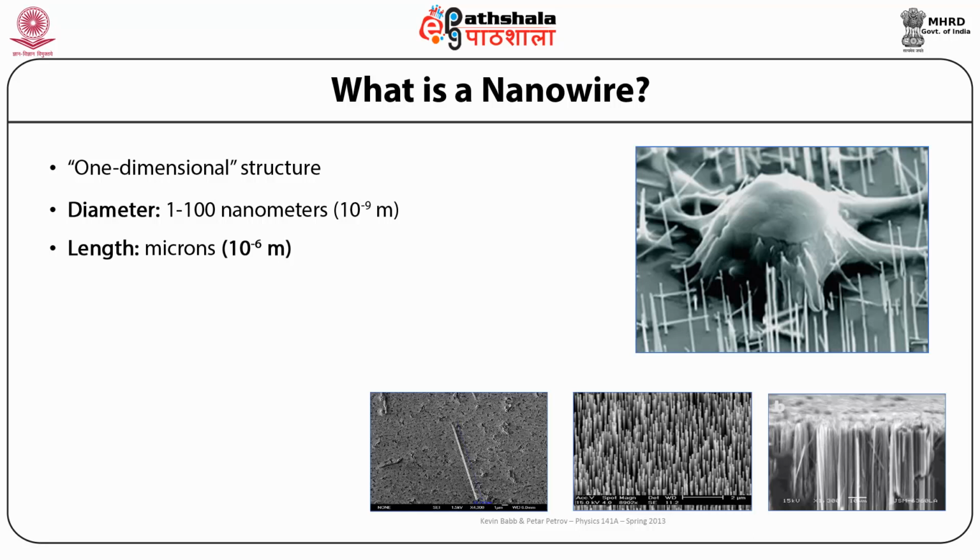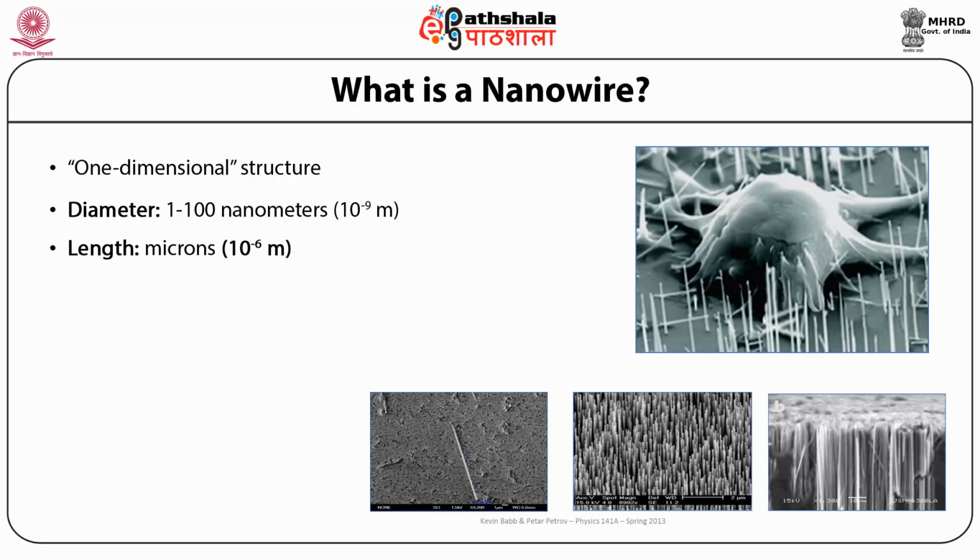Since quantum effects become dominant at this scale, they are highly important. There are a variety of nanowires prepared over the years, and these include superconducting, metallic, semiconducting, and insulating nanowires.